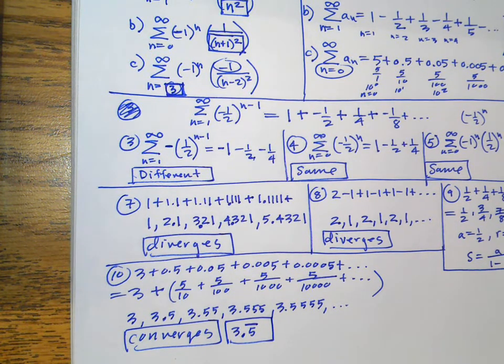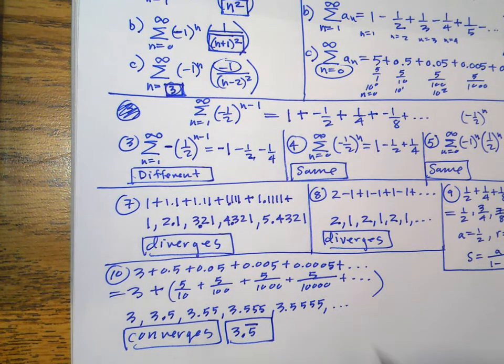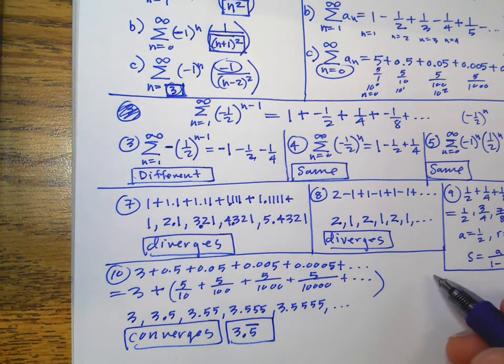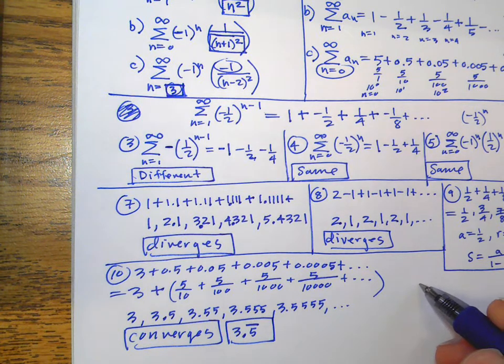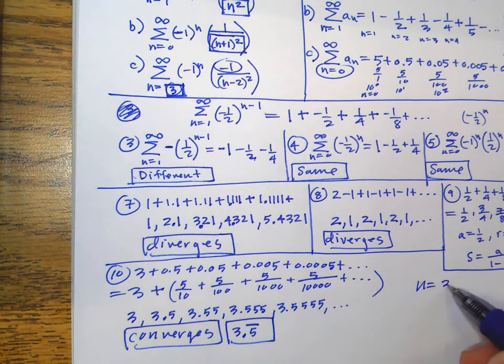Now, taking a different approach, it does seem to be approaching that. You could write n equals 3.5 repeating.